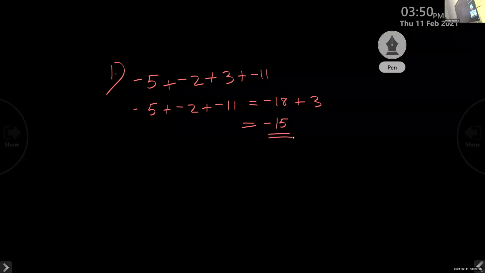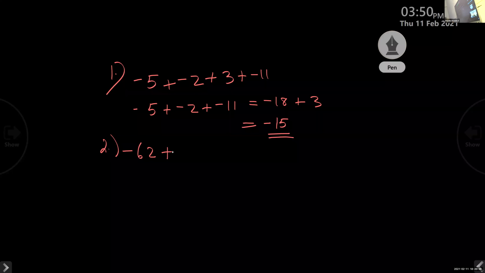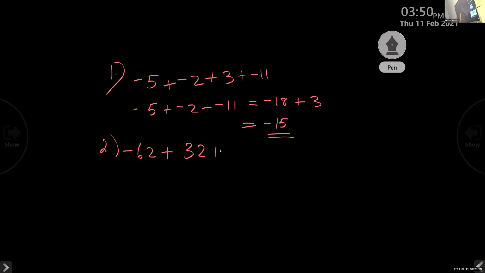Now the second one was negative 62 plus 32 plus negative 32 plus 1. Again the same method can be used, or there is another easy method.